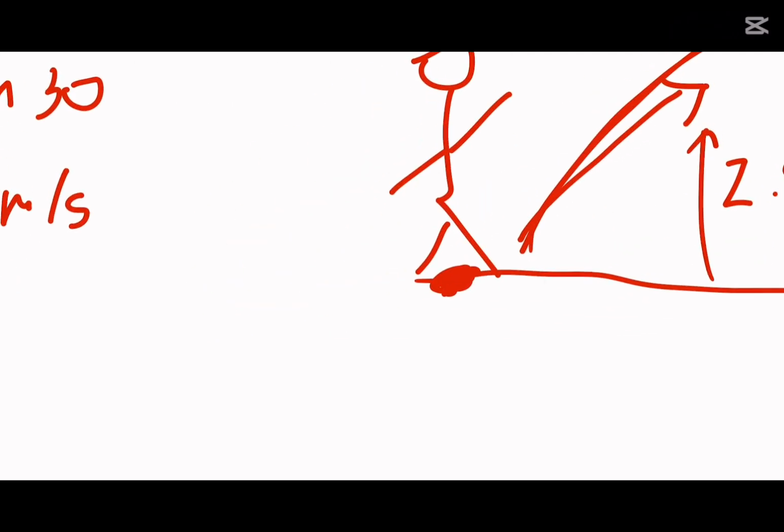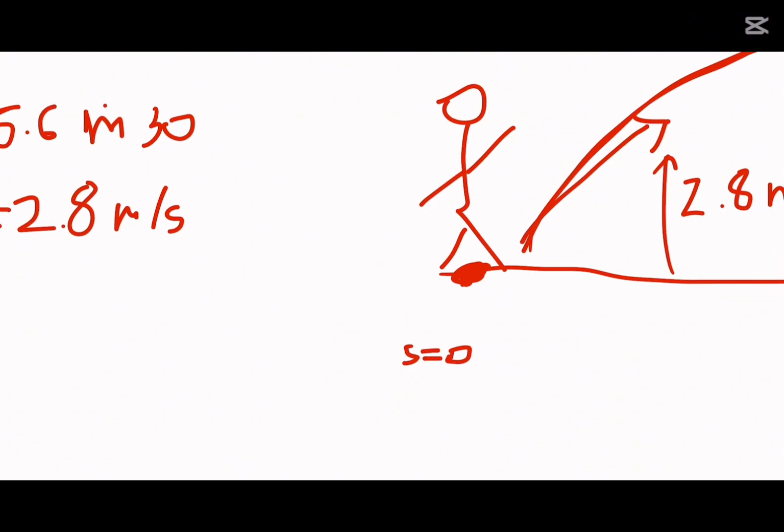So importantly, for the vertical vector, the displacement is going to be 0.